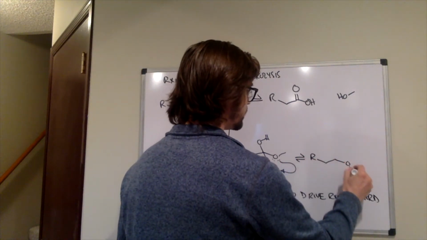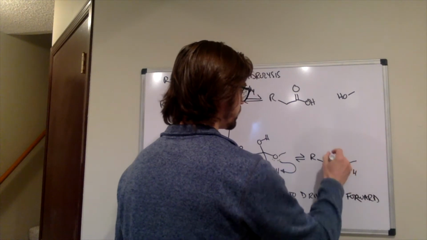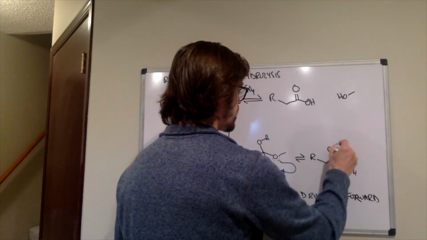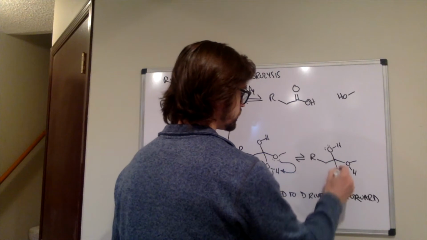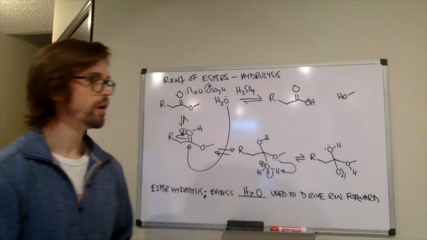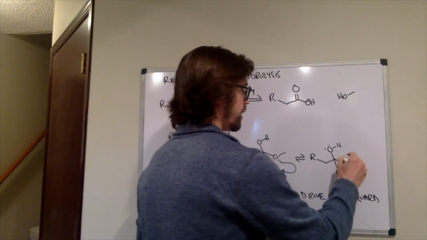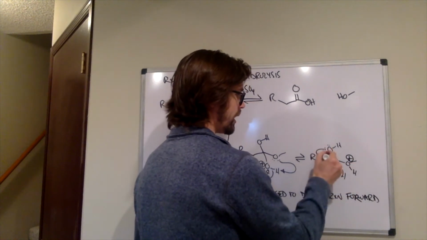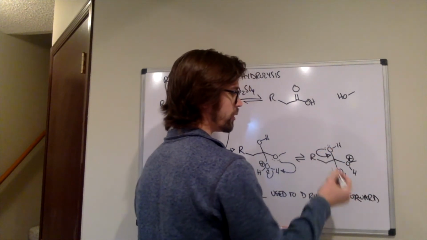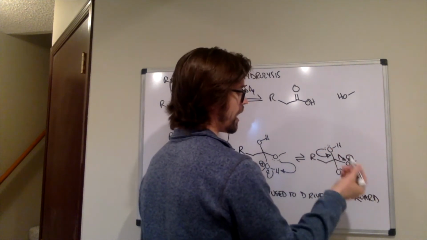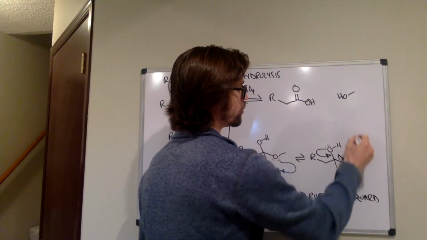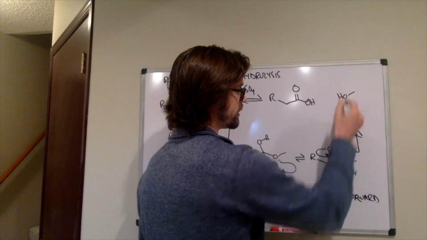That makes it a substantially better leaving group. So at that point, this is the best leaving group, and as that carbonyl reforms, it would kick out that methanol molecule. So that's what we have right there.